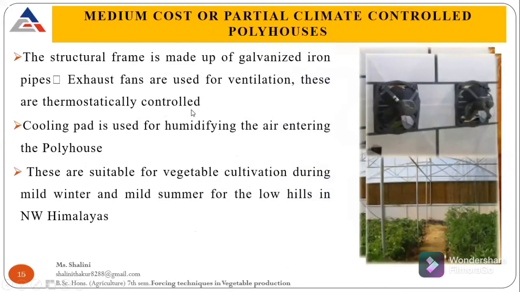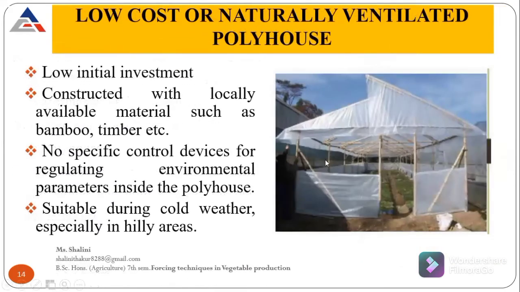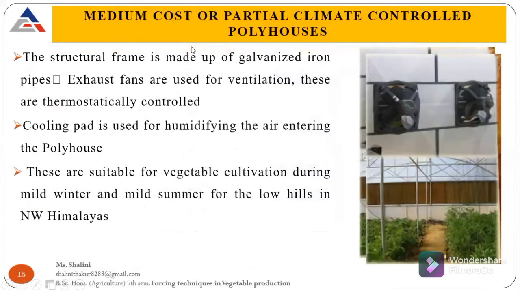Next is the medium cost partial climate control polyhouses, where the structural frame is made up of galvanized iron pipes. They are very strong, and we are also using exhaust fans. So if, compared to the low cost one, we place exhaust fans and use iron pipes, that comes under medium cost or partial climate control polyhouse.